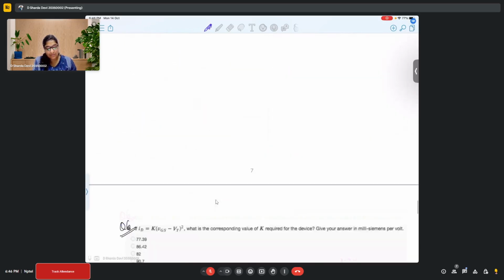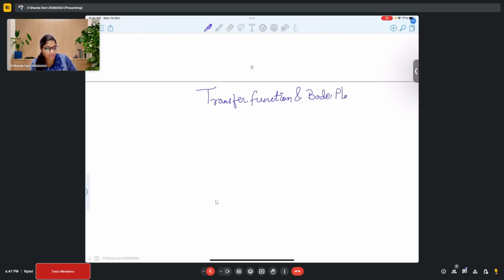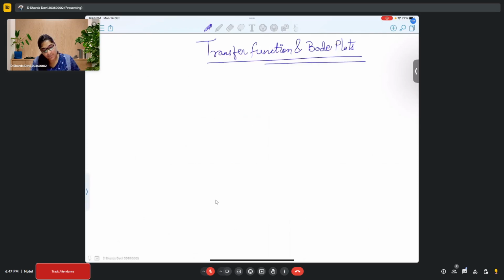So let's try out some problems on transfer functions and Bode plots, okay? So let's take an example. Example one. Let's say my transfer function is given.